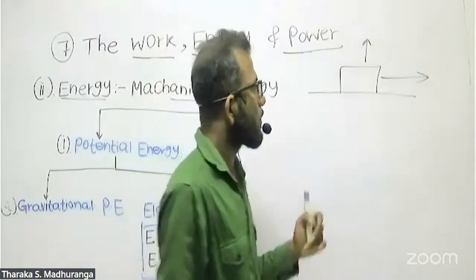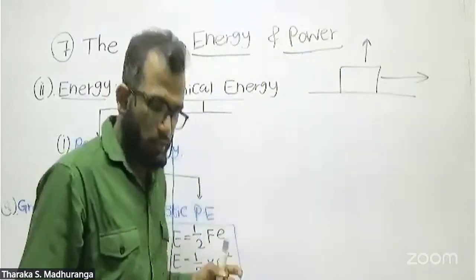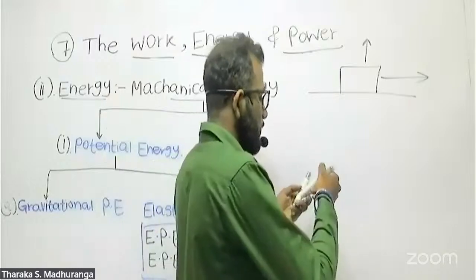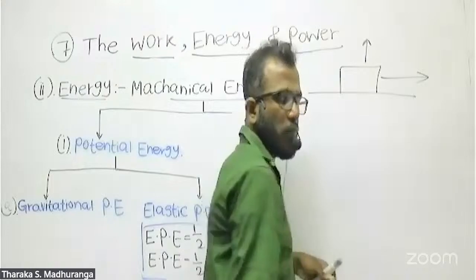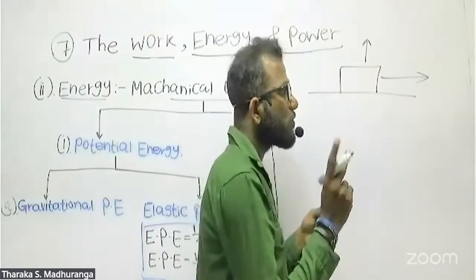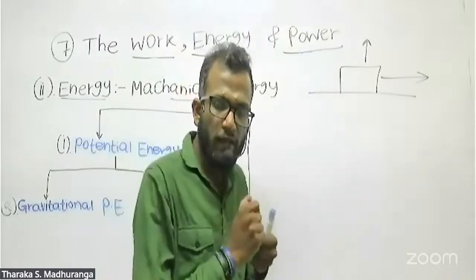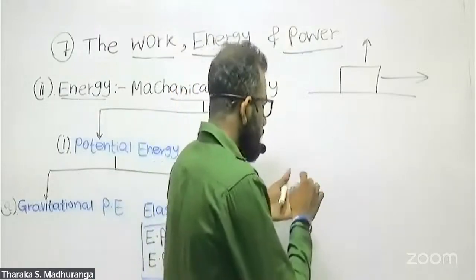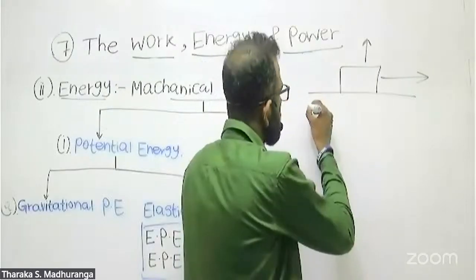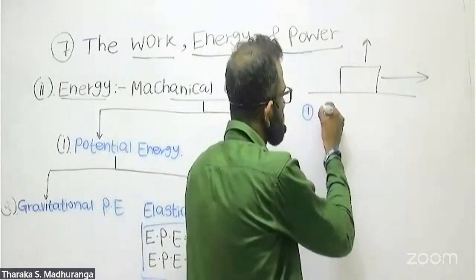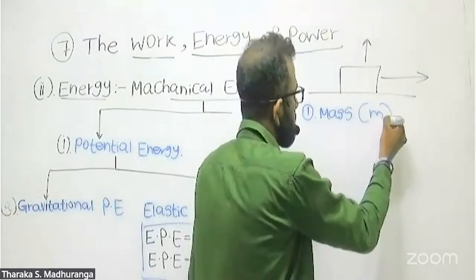Okay, for linear kinetic energy we can get an equation. There are two main factors affecting linear kinetic energy. The first factor is the mass of the object, simply m.